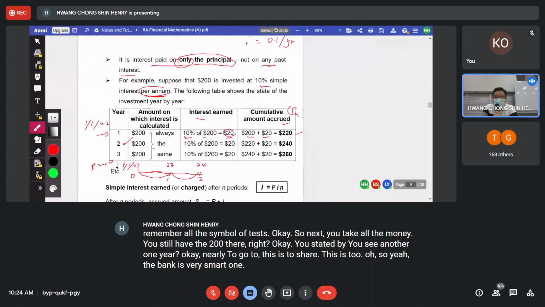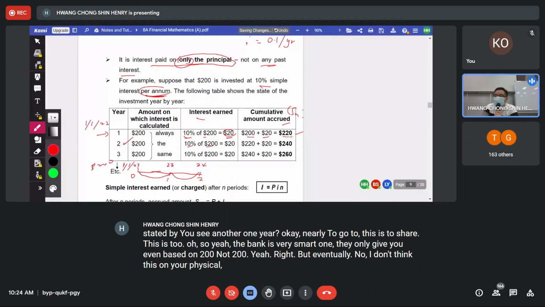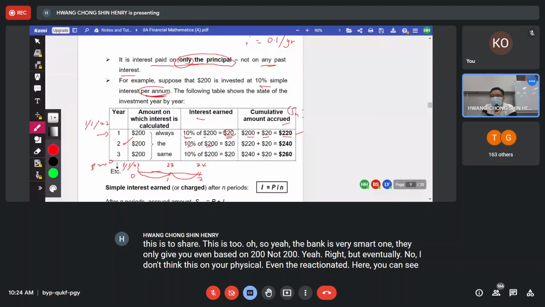They only give you dividend based on 200, not 220. Suppose you get 220 already, right? But the bank says, no, I only pay the interest on your principal. Even though you got 220, the 20 is dividend you take out, go eat KFC or whatever.